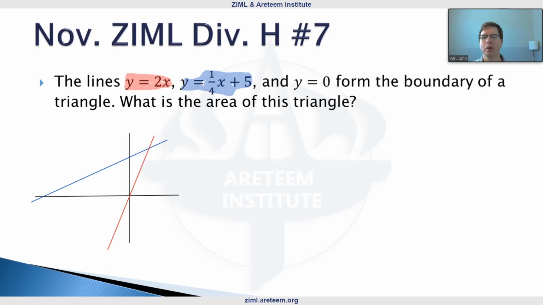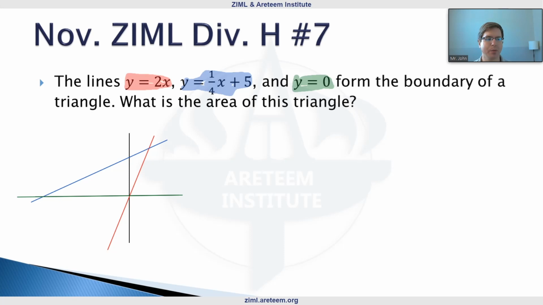But we want to focus mostly on the rough idea of what we can be thinking about in terms of our triangle. So then our last line, of course, is y equals 0. And now we're starting to see how the algebra and the geometry are related, right? We have a base of our triangle kind of on the bottom. We can then use information about where these lines intersect to find the height as well, right?